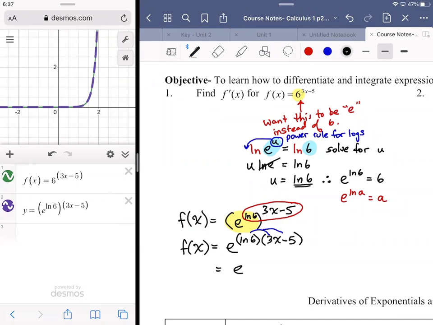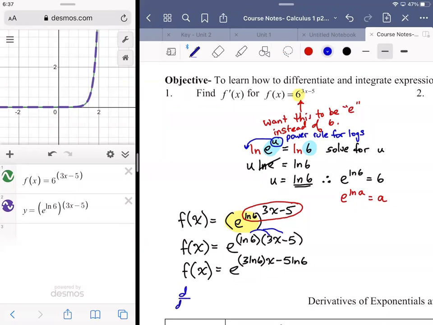So it becomes e to the 3 ln of 6 times x minus 5 ln of 6. So all of this is what f of x would be equivalent to. And all of this was for the purpose of rewriting our function with a base e rather than a base 6. All right. So then we could apply our rule for base e derivatives.